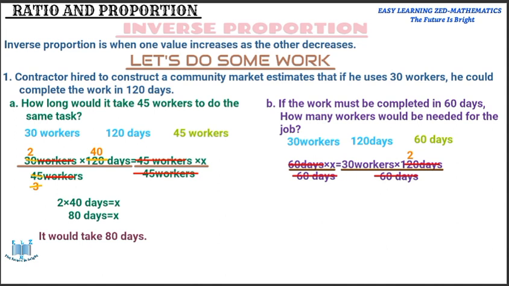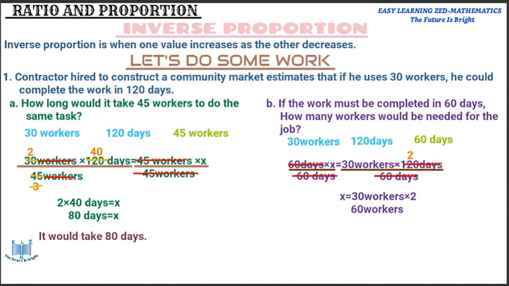Now we write what is remaining. We remain with x on the left side, and on the right side 30 workers multiplied by 2. So 30 workers multiplied by 2 gives us 60 workers.